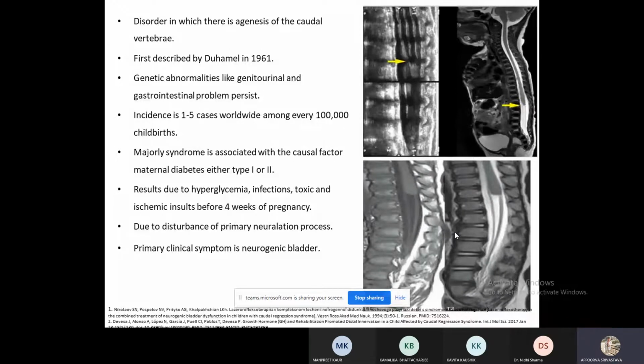The syndrome is majorly associated with maternal diabetes, either type 1 or type 2. It is generally caused when gestational diabetes is persistent from the starting of the pregnancy, which causes genetic mutations within the fetus. It results from hyperglycemia, infections, toxic and ischemic insults before 4 weeks of pregnancy.